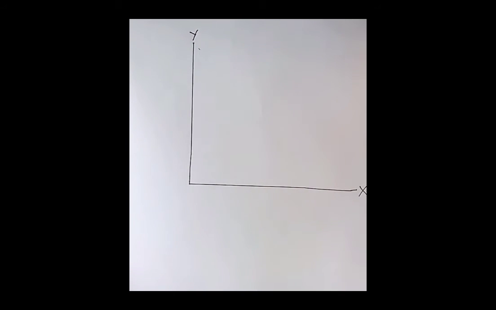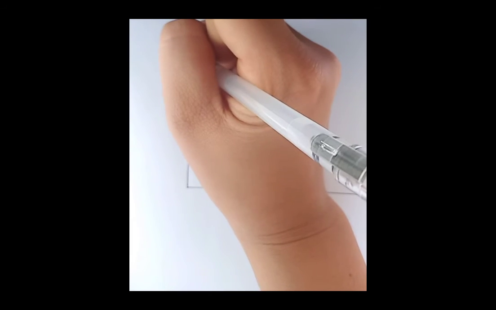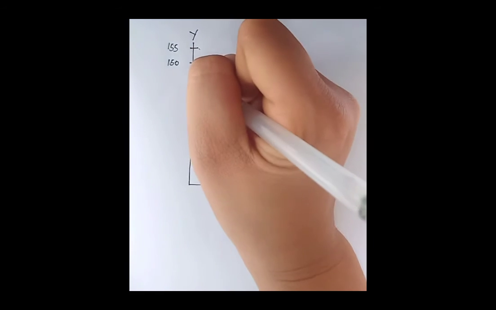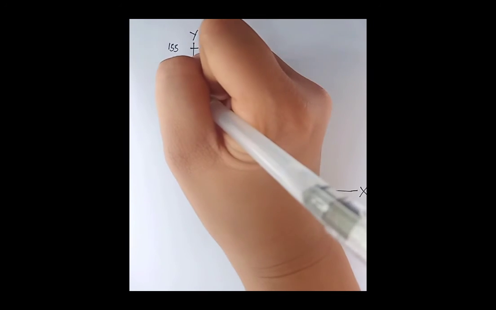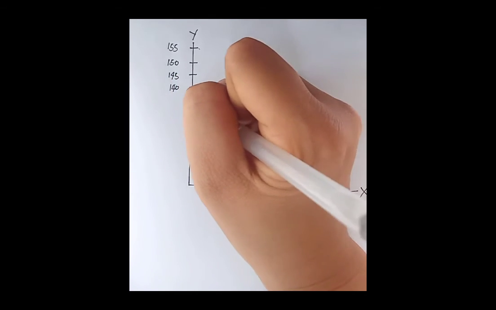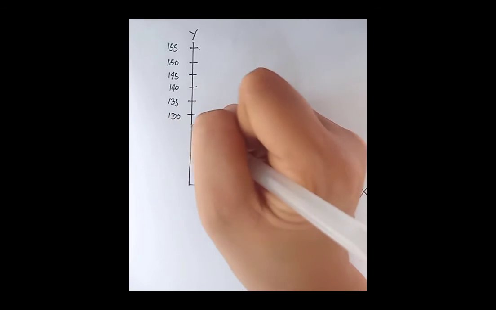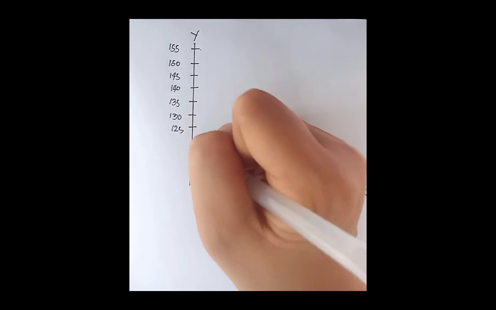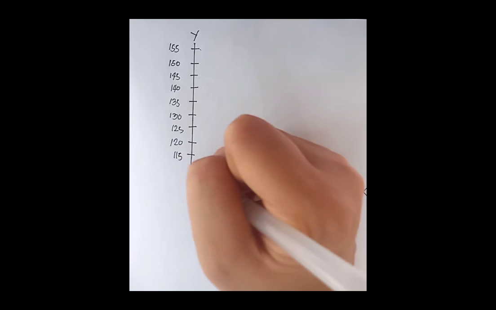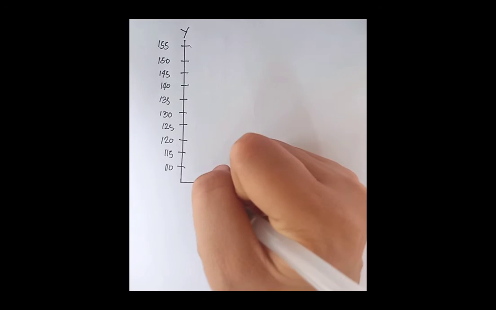So in the y-axis, we have the numbers 155, 150, 145, 140, 135, 130, 125, 120, 115, and 110.